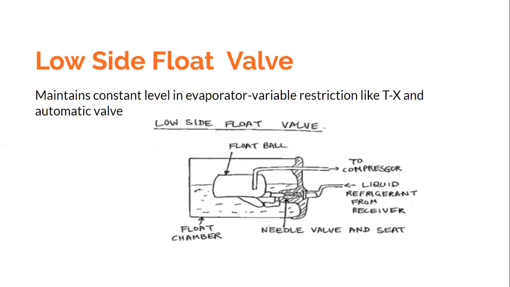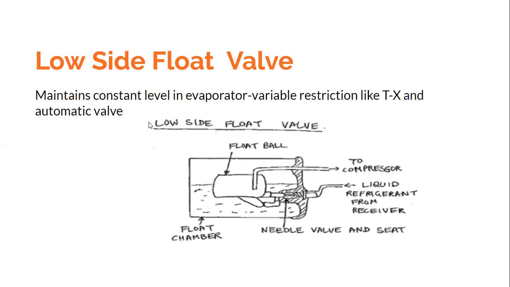The last valve I'll just touch upon is called a float valve. This float valve maintains constant level either in the evaporator or in the condenser. It maintains the level by using a varying needle valve arrangement, because it is also a variable restriction valve like the thermostatic expansion valve or automatic expansion valve, and unlike the capillary tube.